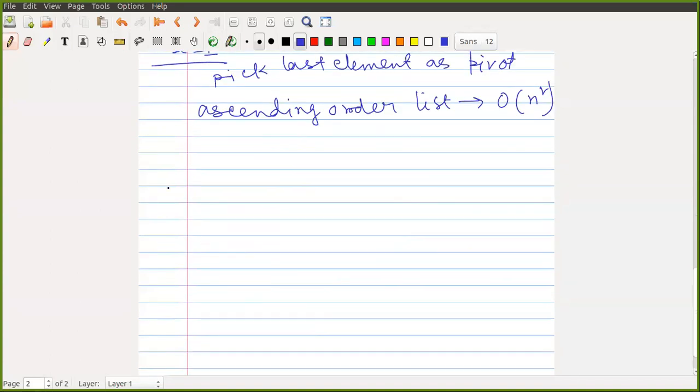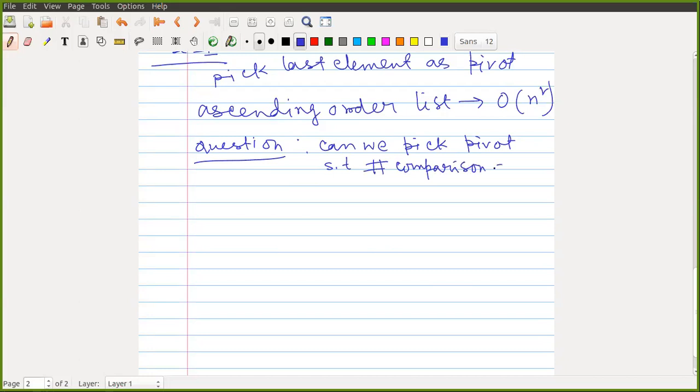The question is, can we pick a pivot such that the number of comparisons is little o of n square? Can we somehow pick this pivot, maybe in some more intelligent way, right?